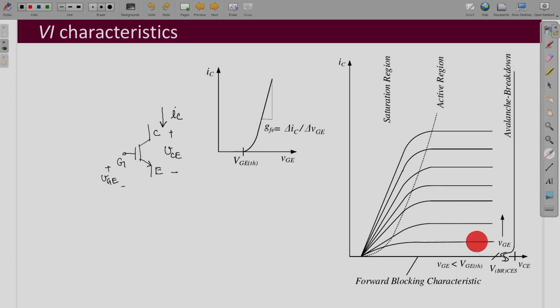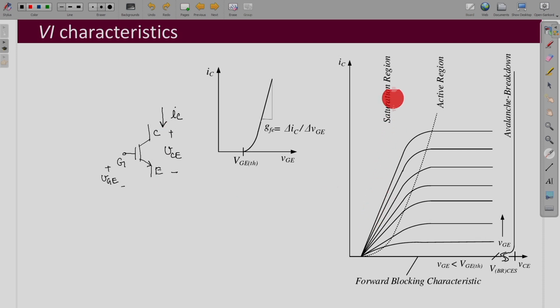And if we keep on further increasing your gate to emitter voltage, then a level comes where the collector current can increase to very high levels, and in that case it is only limited by the external circuit, means whatever circuitry is additional to it, which is connected to the IGBT.